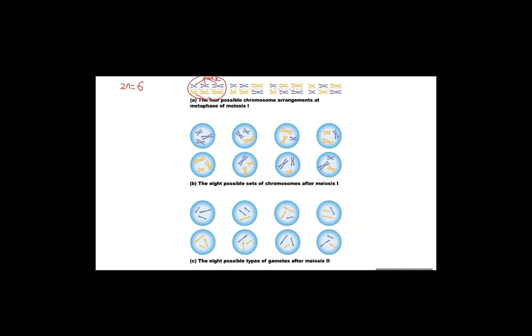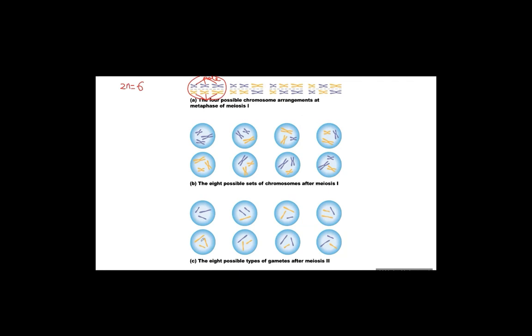The other homologous chromosome partner is going to move to the other pole. Then after meiosis 1, each daughter cell has this set of homologous chromosomes. Every cell has a different combination of homologous chromosomes. So 8 possible sets after meiosis 1.